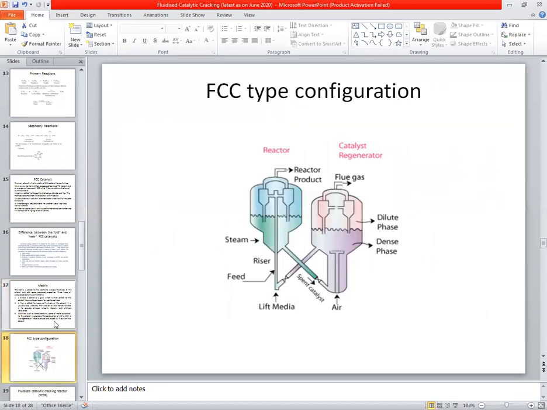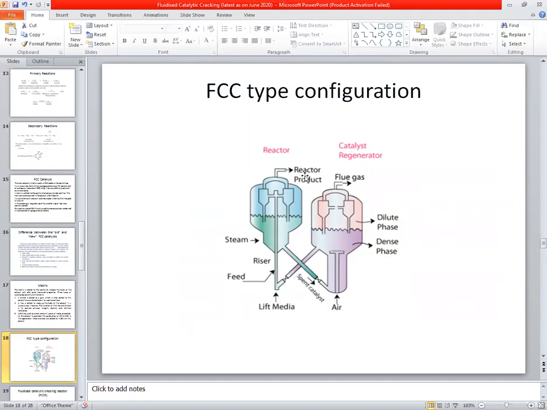Now I will introduce you to the configuration. As I told you at the beginning of my class today, in the FCC unit there are two sections. One is the FCCR, meaning fluidized catalytic cracking reactor.